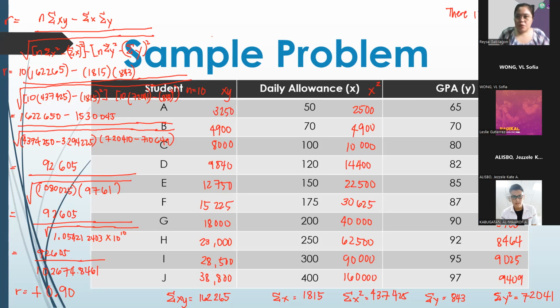There is no significant relationship between daily allowance and the GPA of the students. Ito yung magiging ano natin. Ang tawag dyan, hypothesis.